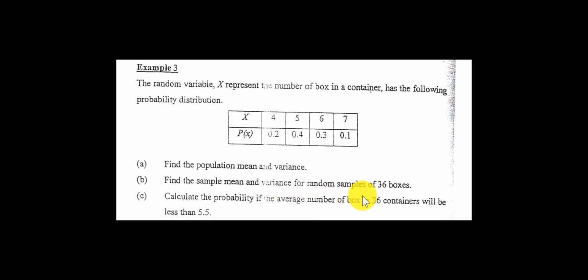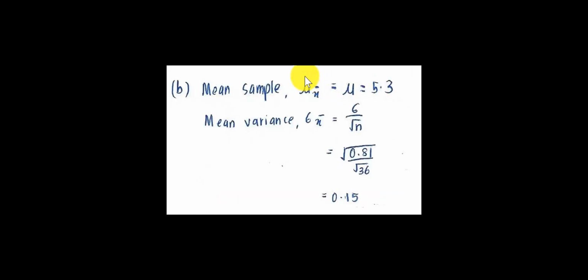So how to get your n? n is 36, because we use a random sample of 36 boxes. So the sample mean is equal to the mean of the population, that means it is equal to 5.3.